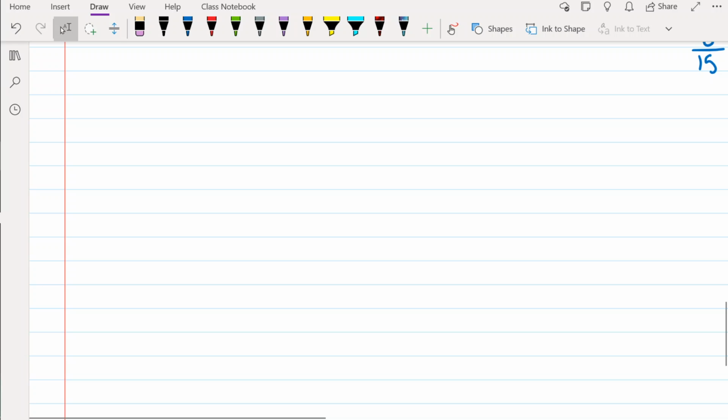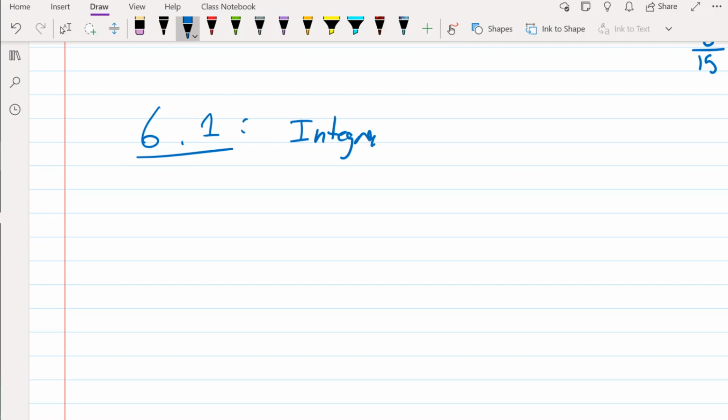So this will be 6.1. And our first problem will be the integral of x squared ln of x dx.